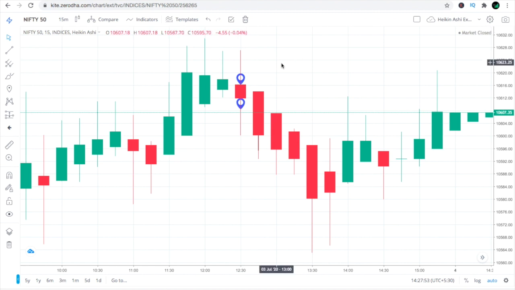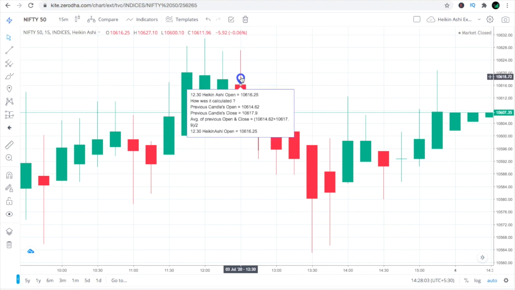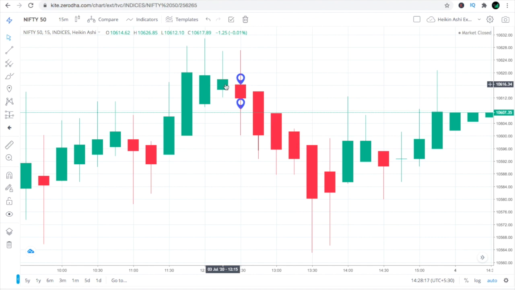First, the opening price. How is the opening price calculated? In order to calculate this 12:30 candle's open price, Heikin-Ashi takes the previous candle's open and the previous candle's close, right, and takes the average of the two as its opening price. The opening price of the Heikin-Ashi candle here is 10,614 and the closing price is 10,617.9.